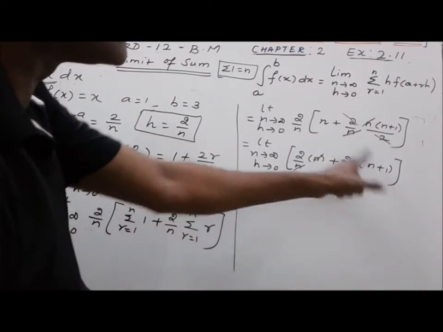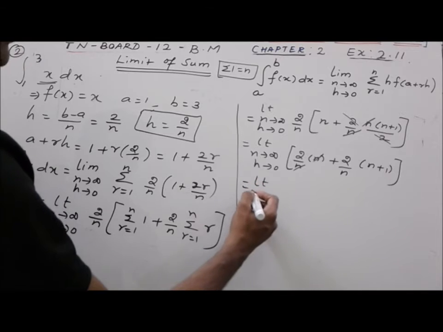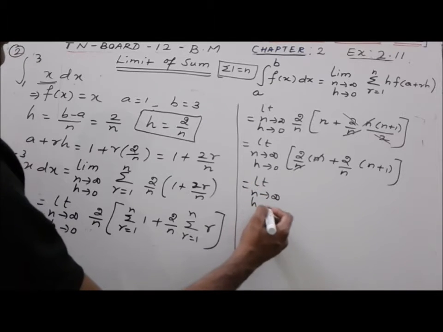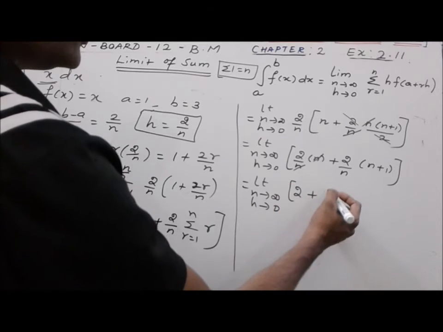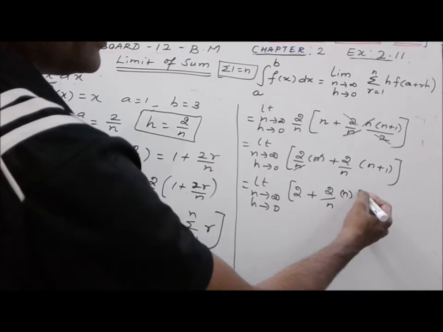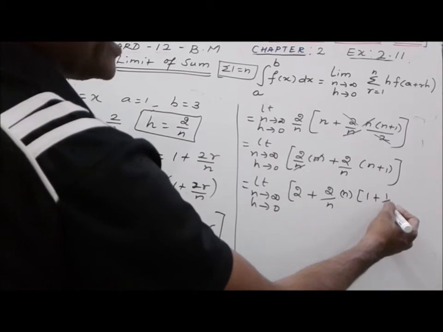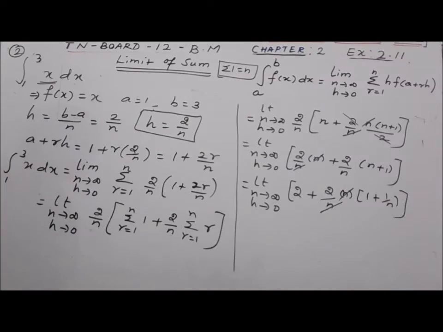Now taking n as common out from the two terms. Limit n tend to infinity, h tend to 0, 2 plus 2 by n into, taking n as common, we have 1 plus 1 by n. Now these two n get cancelled again.